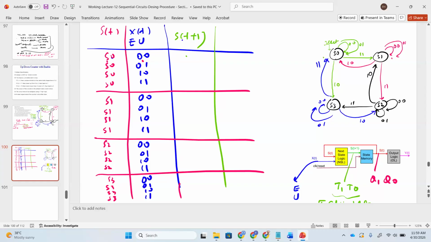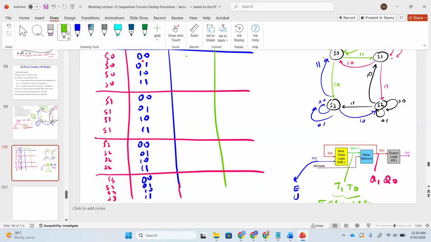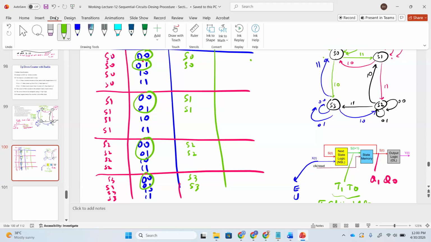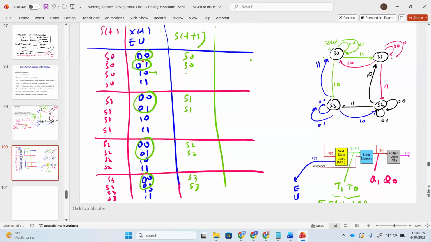And now my ST plus 1 is based on this. If the input is 00 or 01, it stays the same: S0 stays S0, S1 stays S1, S2 stays S2, S3 stays S3. If it is the down input, S0 becomes S3, S1 becomes S0, S2 becomes S1.